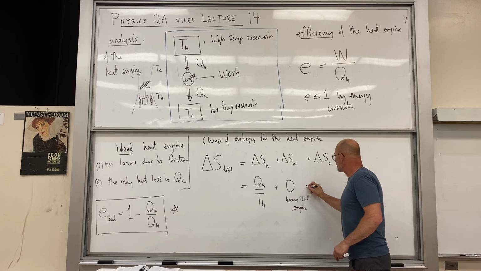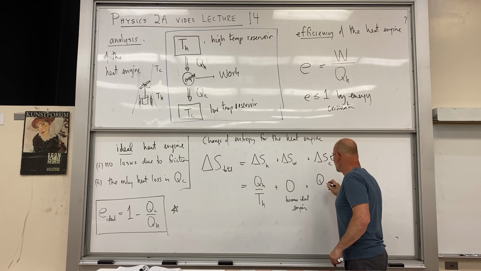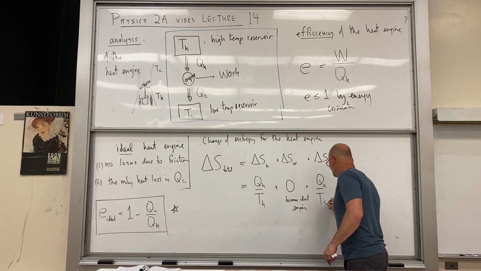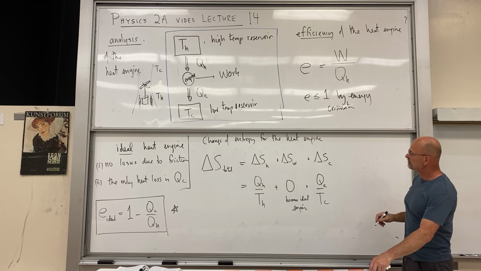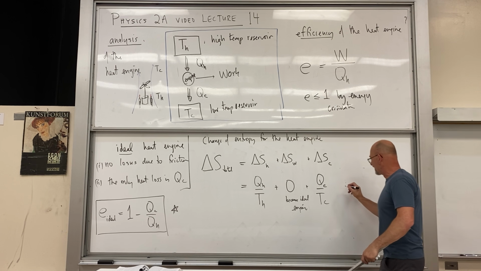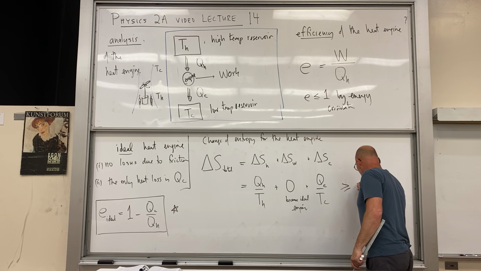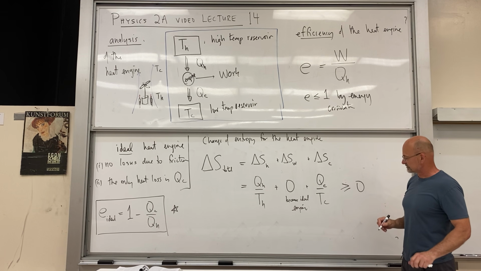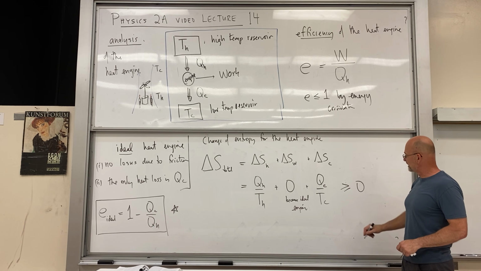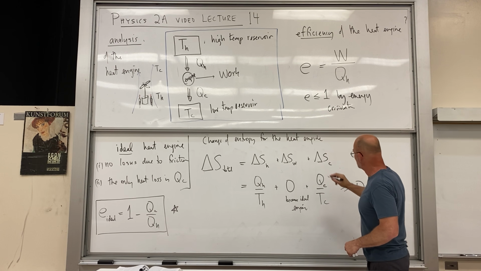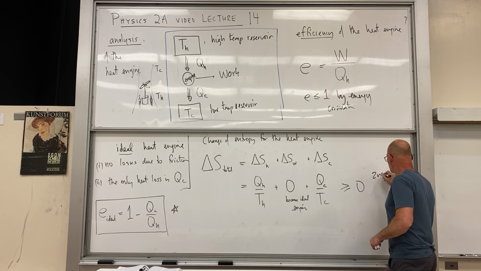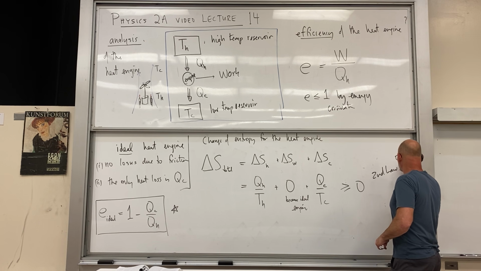And then plus QC over TC. So that's the total entropy change. And what we know about it is that it's going to be greater than or equal to 0. Total entropy change is greater than or equal to 0. That is the second law. Second law, exclamation point.